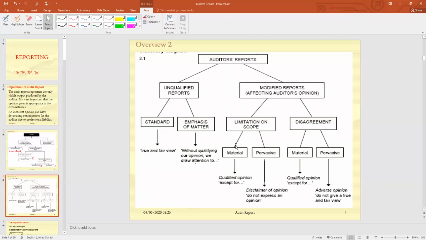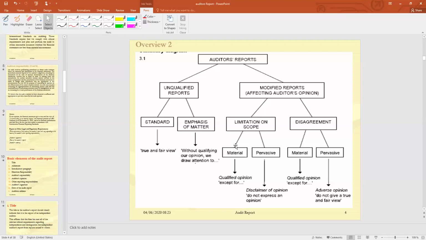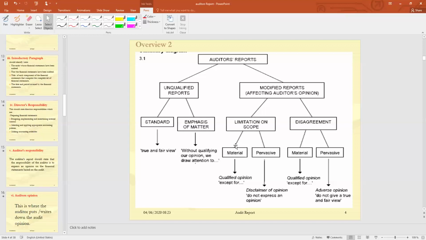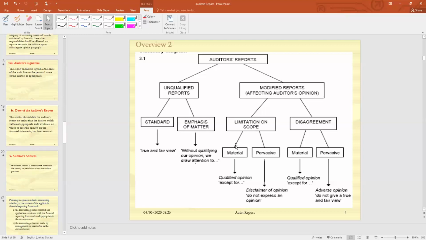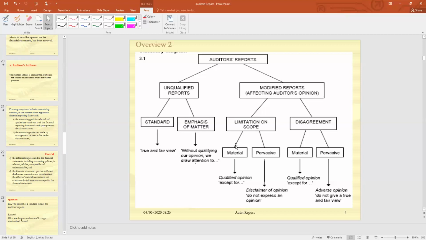Now let me show you an example of an auditor's opinion where it is qualified with what we call except for. The best is to go through the ISA. Let me share ISA 705, so that you can see an example of except for.